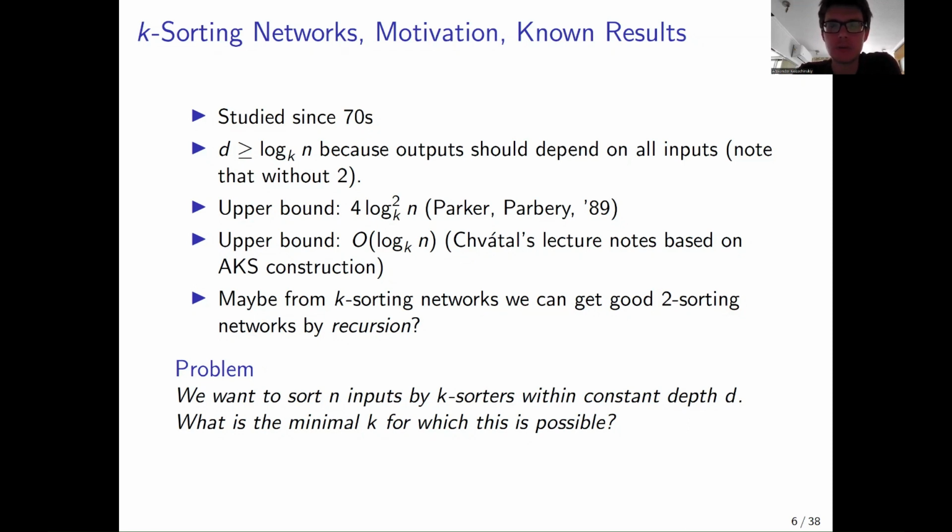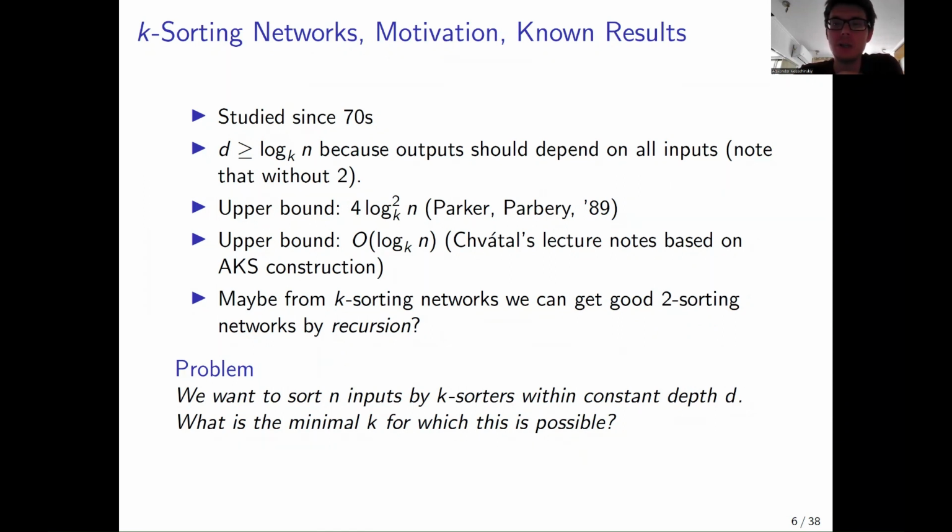And then every output of one layer depends on at most k positions before the layer. Now, if you have d layers, every output of the network depends on at most k to the d initial positions in the array. Obviously, if the network sorts all inputs correctly, then every output should depend on all n inputs. So from that, we deduce that d should be at least log n base k.